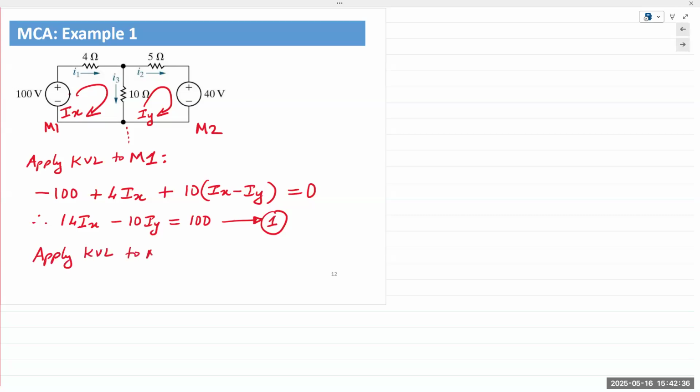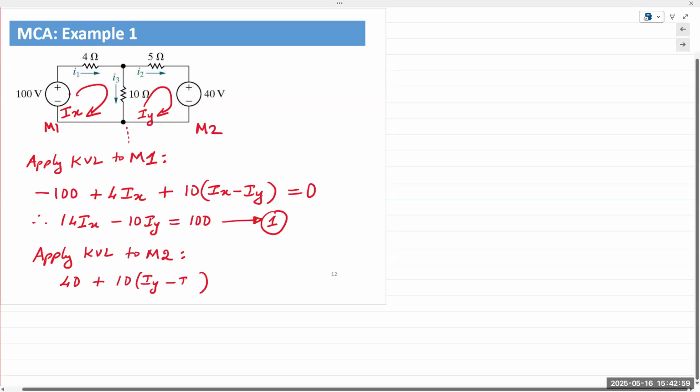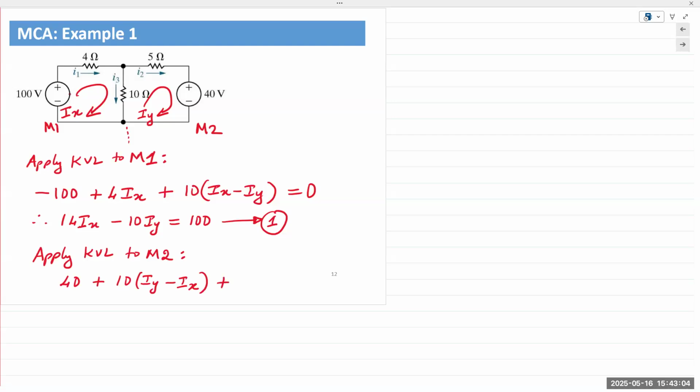Then apply KVL to mesh 2. When we apply KVL to mesh 2, we obtain 40 plus 10 times (IY minus IX) plus 5 times IY is equal to 0.